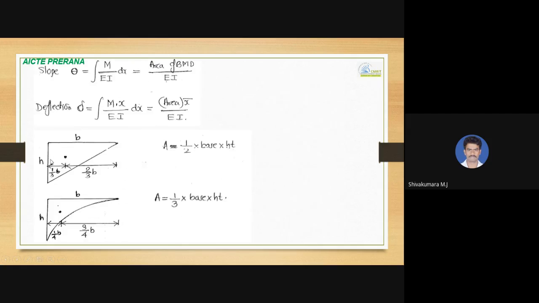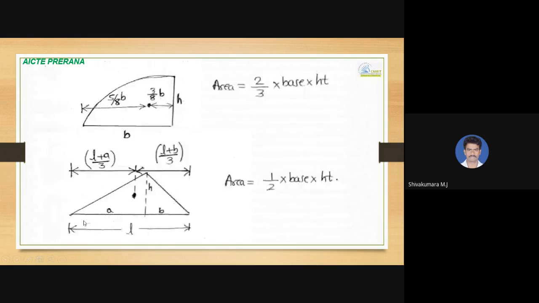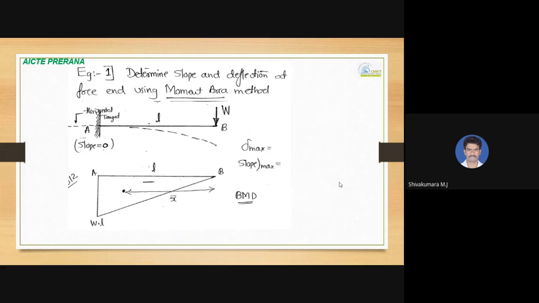In case of this one, it is 1/3 of the height from base and 2/3 of the height from apex. In case of this, 1/4 from base and 3/4 from apex of the total distance, and for a triangle it is half into base into height.